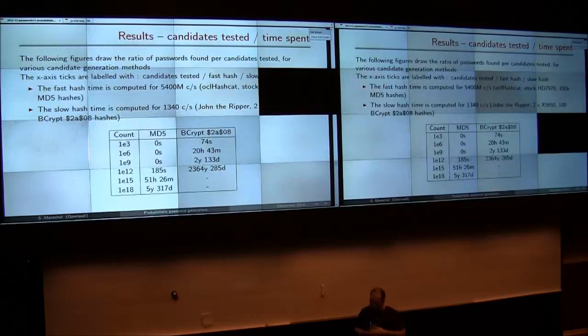You will see the first number is what happens when you use oclHashcat cracking a 100 kilo password of fast MD5. So it's pretty fast. The other value, which is very interesting, is when attacking a decent hash system such as bcrypt, which is not really faster on GPU than on CPU.